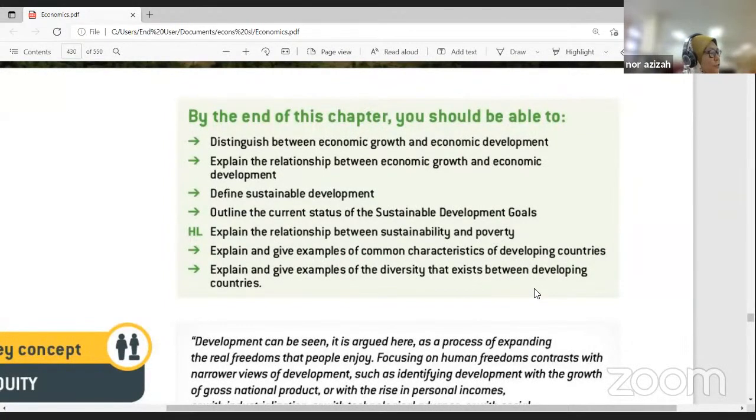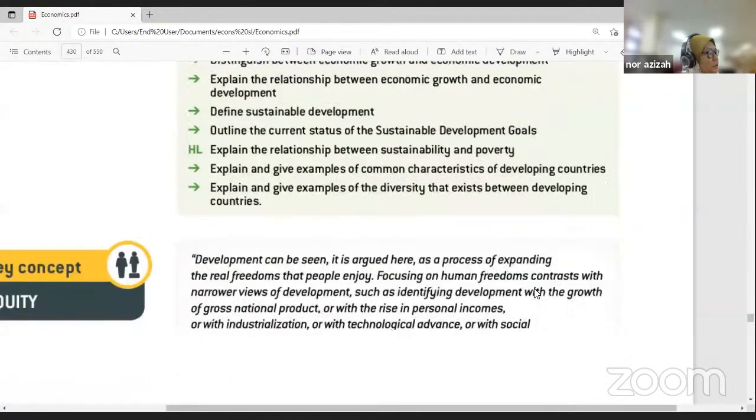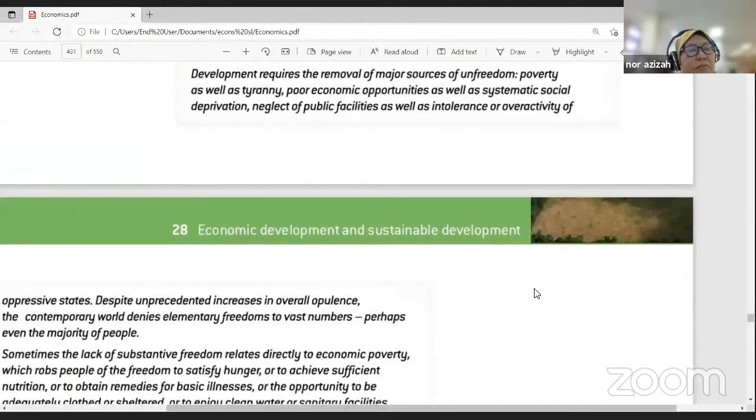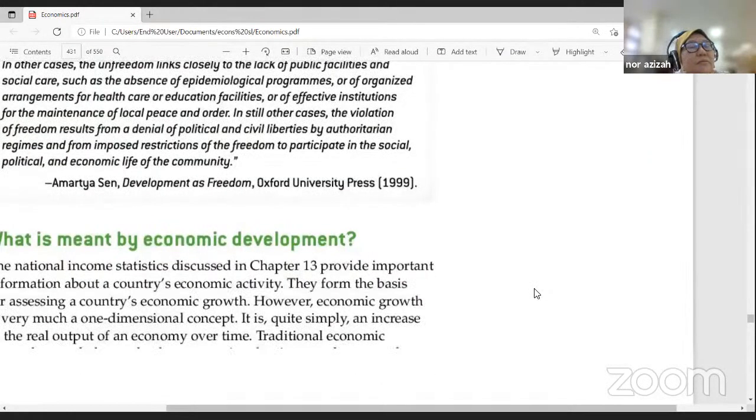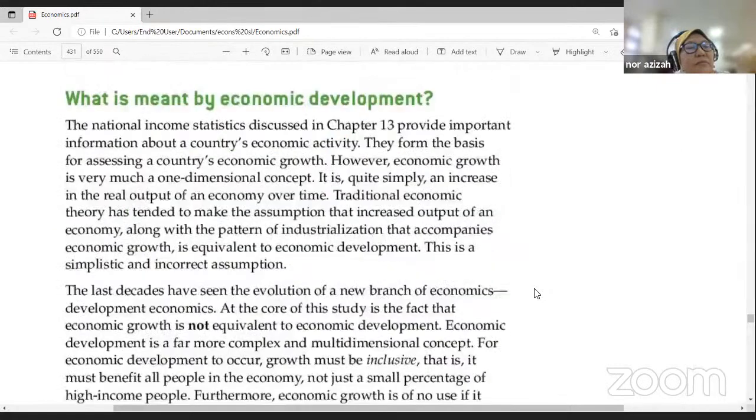Okay, let's move down to what is member economic developments. Okay, so maybe we can go one by one. If we go by the first paragraph, economic developments, what will be the key words that we need to highlight from this paragraph?